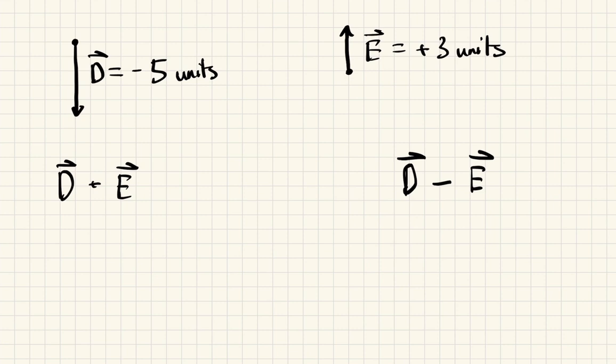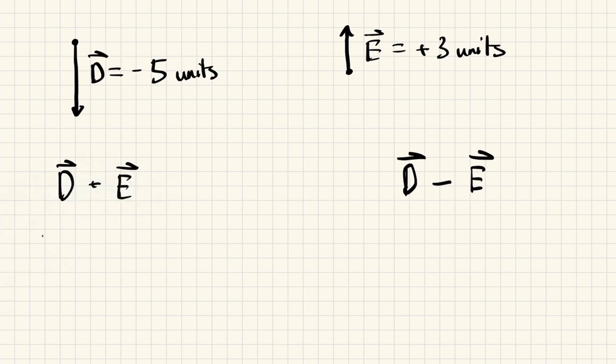Okay, to finish out the lesson, let's do some examples going in the y direction. So here you have vector d and e, which go downwards and upward, but still both are going in one direction, the y direction. So it's one-dimensional. For vector d plus vector e, let's do this mathematically first.